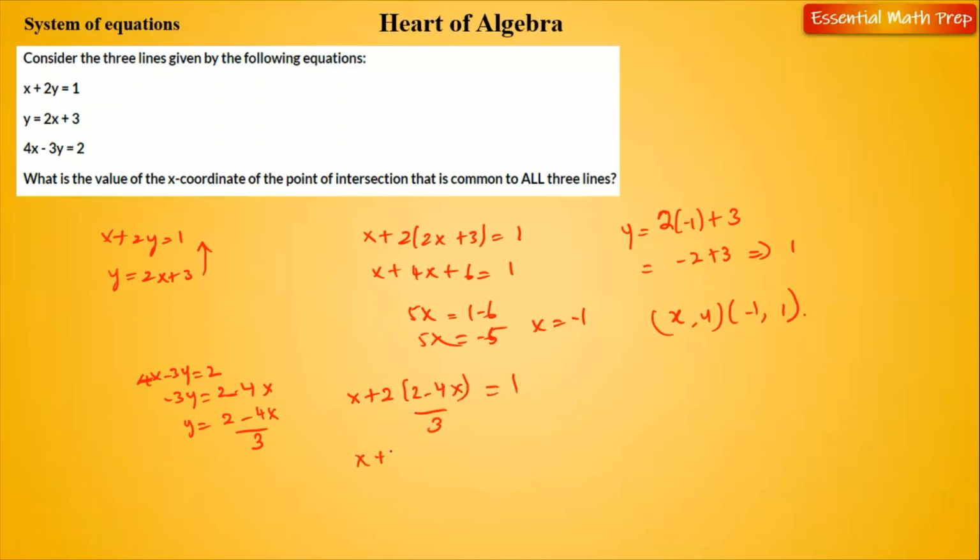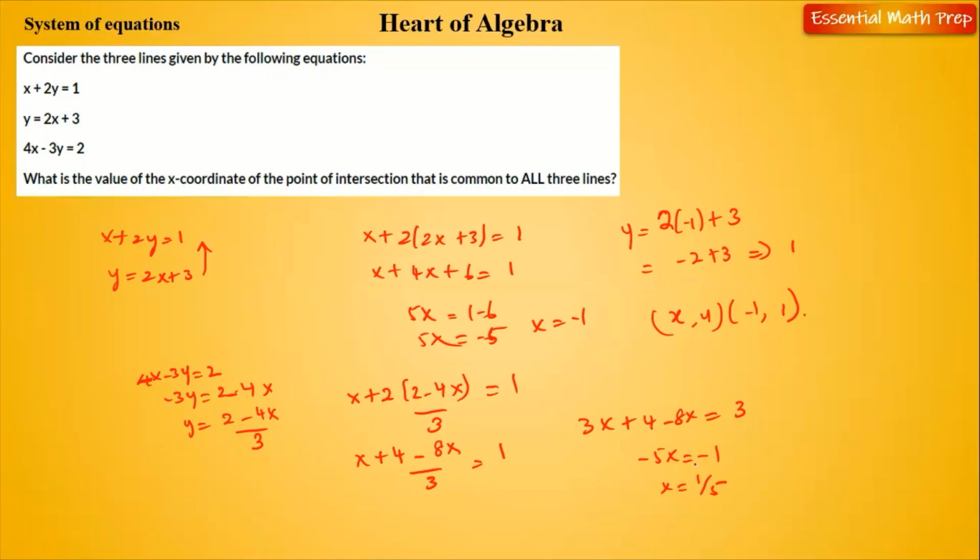So that is x plus (4 minus 8x) over 3 equals 1. Taking 3 as a common factor, it'll be 3x plus 4 minus 8x equals 3. So negative 5x equals 3 minus 4, which is negative 1. So x equals 1 over 5.